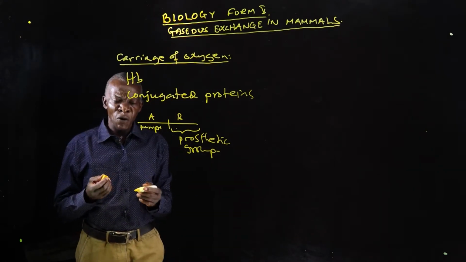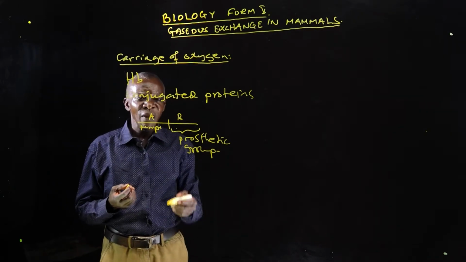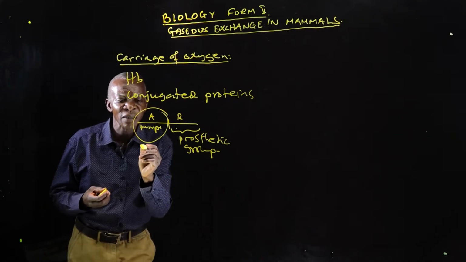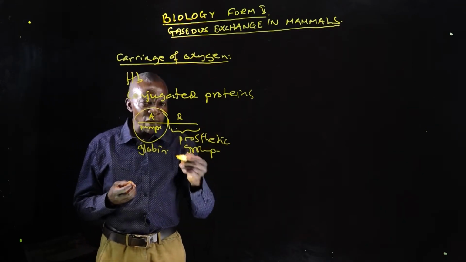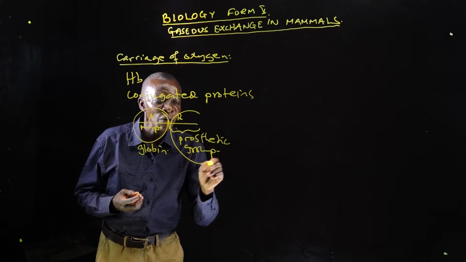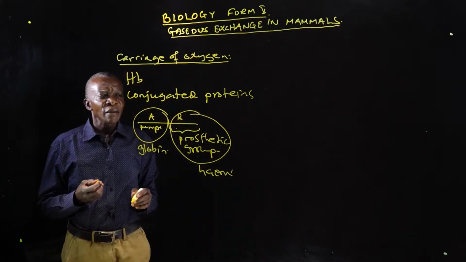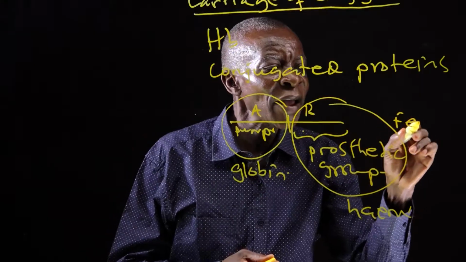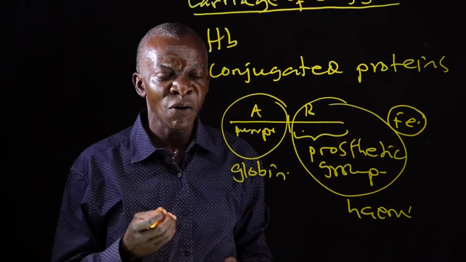In the case of the hemoglobin molecule, this portion here is the pure protein portion, called globin, and this non-protein prosthetic group is called Haem. The prosthetic group in hemoglobin contains iron, and it is this iron which is responsible for the transportation of oxygen.